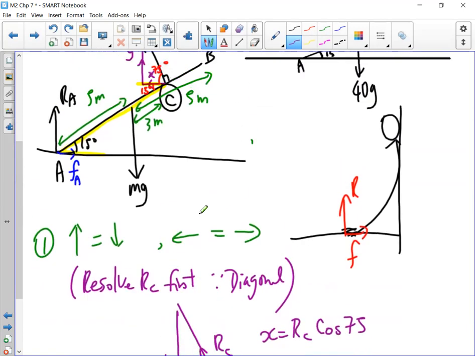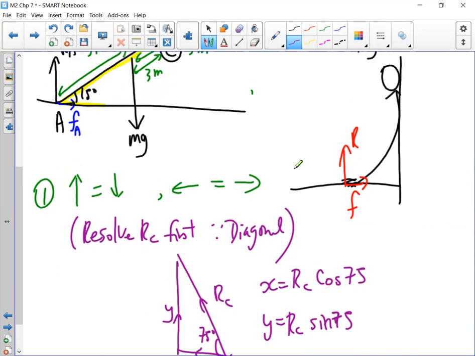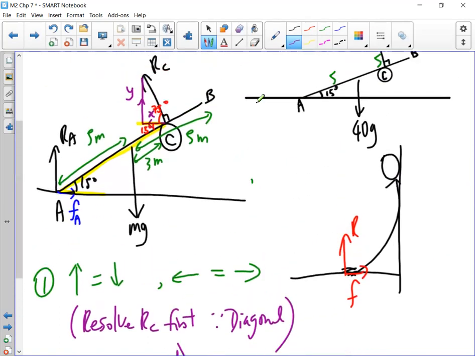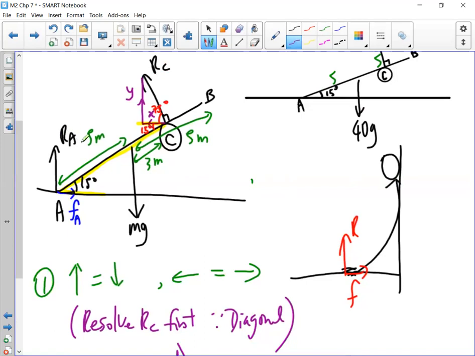So once we've done that, then we can start to achieve what we want to achieve. Upwards equals downwards, left equals right. Now, if you scan through the whole diagram, what are the upward forces? From left to right, you've got RA, you've got mg, and you've got the Y component for RC.